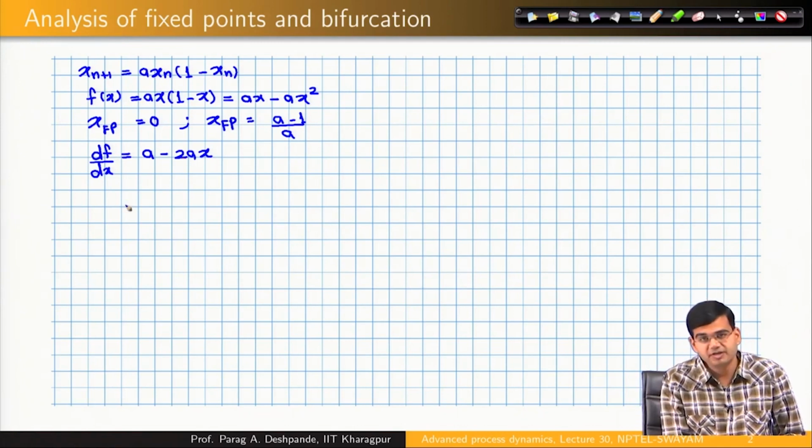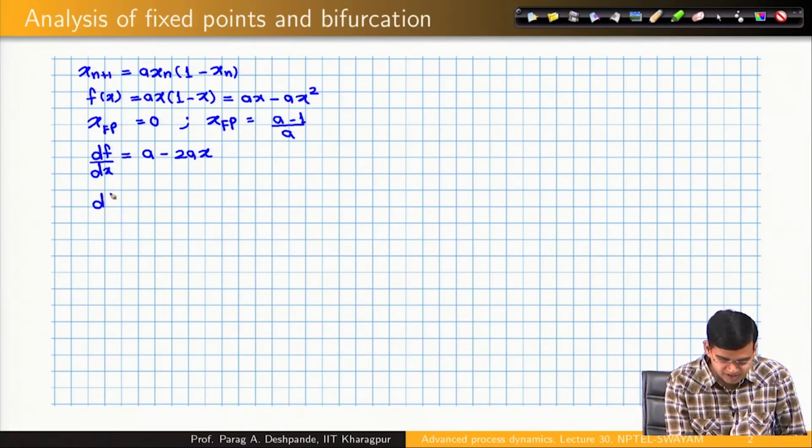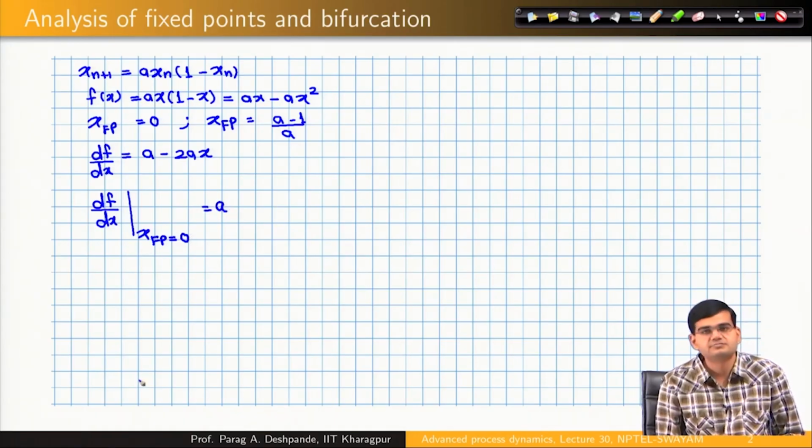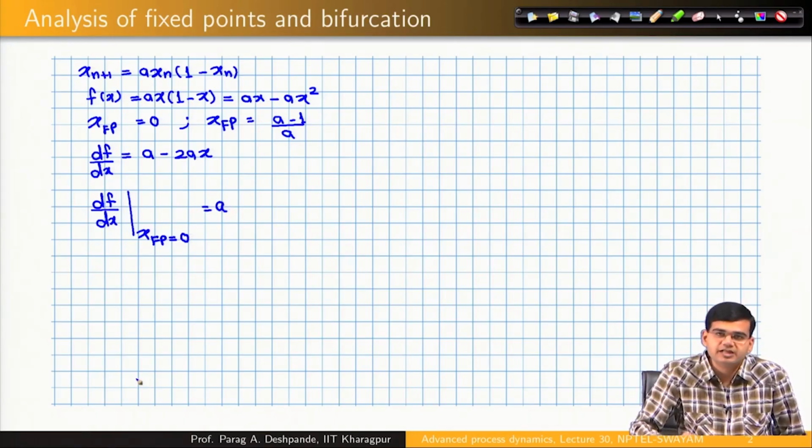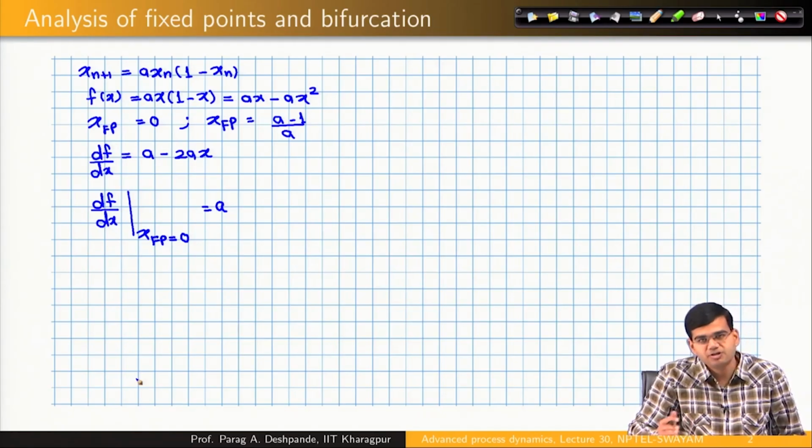Now I need to determine d f by dx at the fixed points. At x fixed point equal to 0, it is a. What would be the nature of the fixed point? It would depend upon the parameter a.